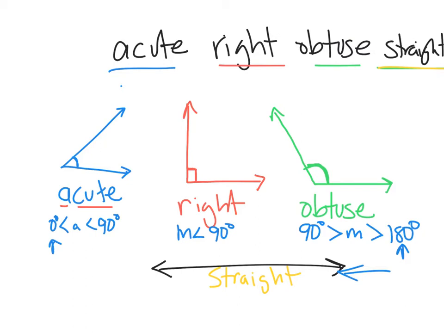All right, now let's look at example 2. Put this in your journal. Use the diagram to find the measure of the indicated angle, then classify each angle. Let me take a picture.